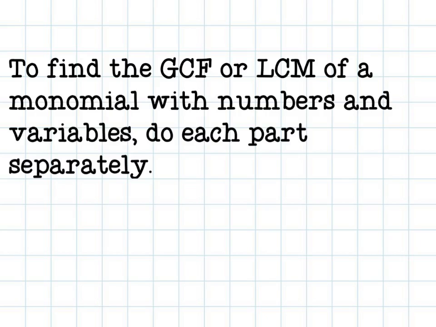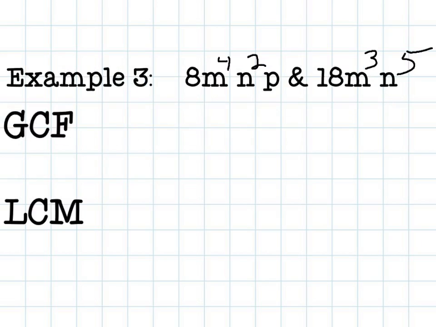Now, to find the GCF or LCM of a monomial with numbers and variables, we do each part separately, just like we did. First do the numbers, then do the variables. So now, here's example number 3. It has 8m to the fourth n squared p and 18m cubed n. So first thing we want to do is find the LCM and the GCF of 8 and 18.